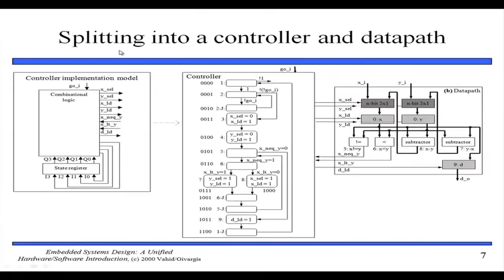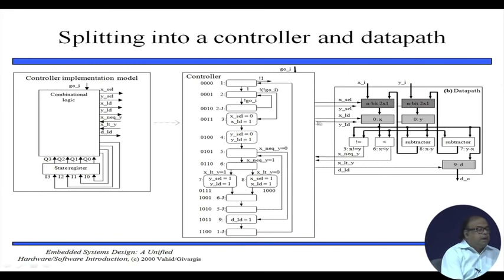Now, today we will discuss some optimization issues. I will initially go back to the earlier design that we had done. We had designed this data path and control path for the GCD.